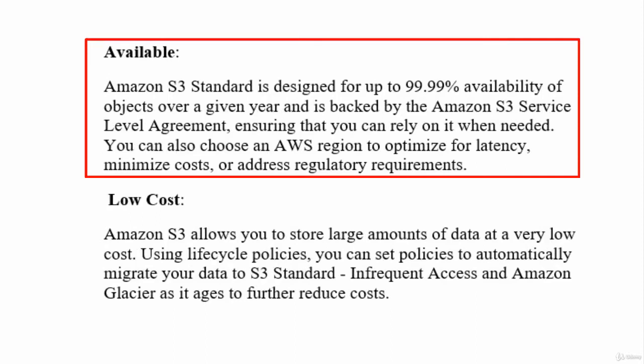Now let's talk about availability of S3. Amazon S3 Standard is designed for up to 99.99% availability of objects over a given year and is backed by the Amazon S3 service level agreement. So it's ensuring that you can rely on it when needed. You can also choose an AWS region to optimize for latency, minimize costs, or address regulatory requirements.